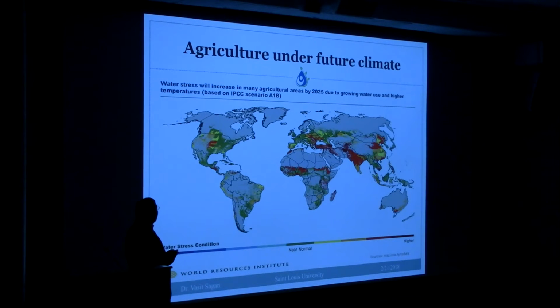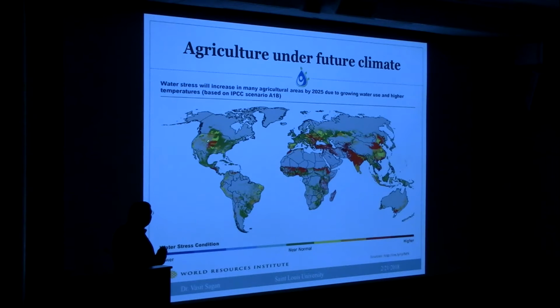Okay. So this is a map showing the worldwide water availability or stress under future climate by 2025. These red areas will be under high temperatures and greater demand for water.